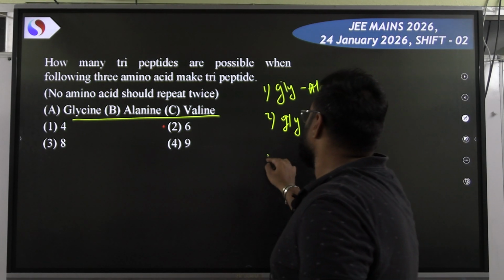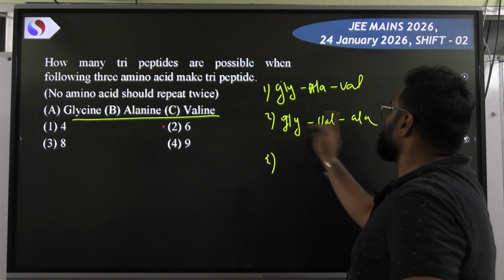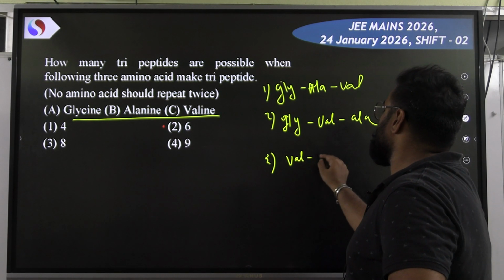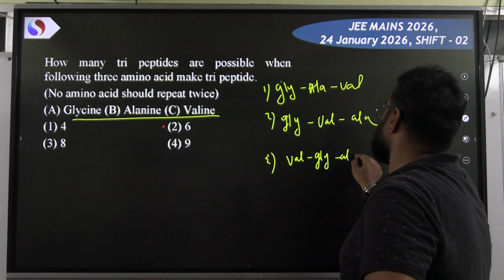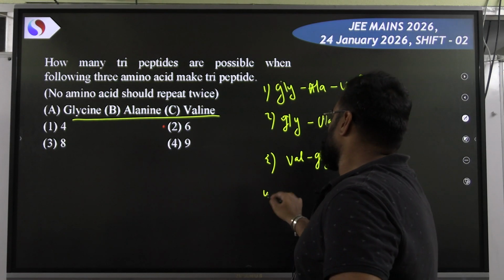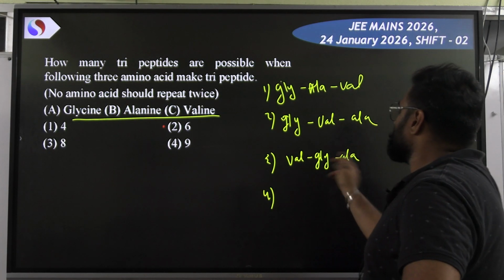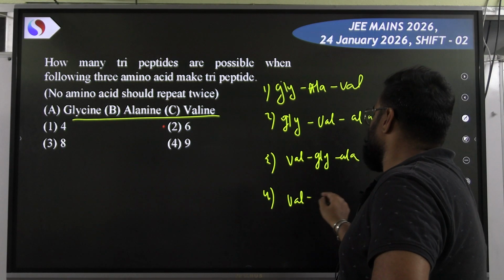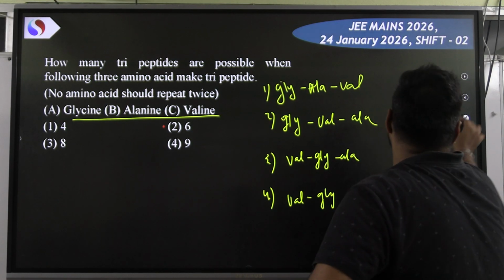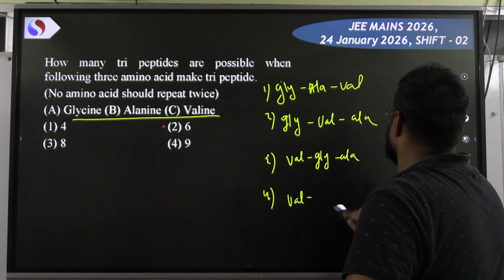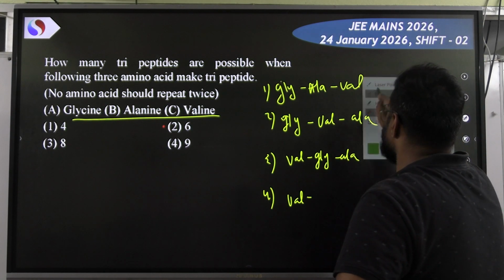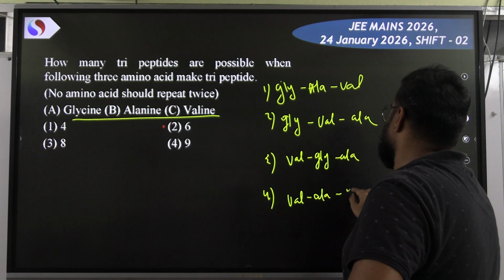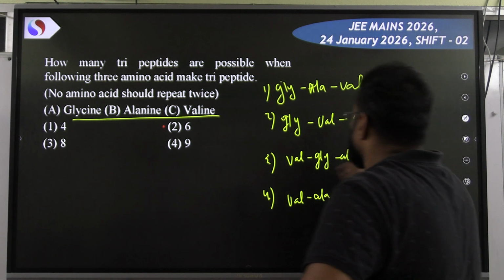Case number 3: if I rotate both of them, VAL, GLY, ALA. Case number 4: keep rotating, that's all there is to it. This will be ALA, VAL and GLY.